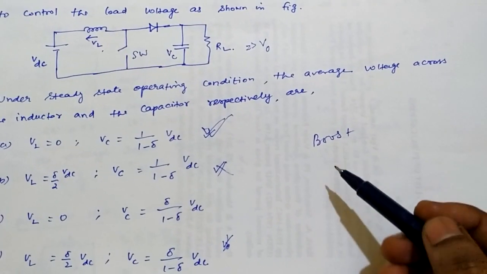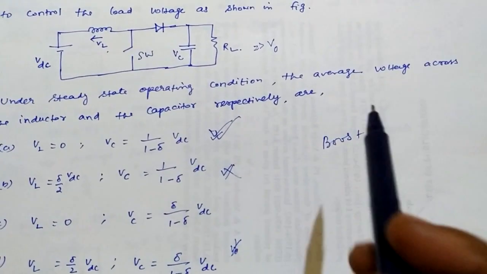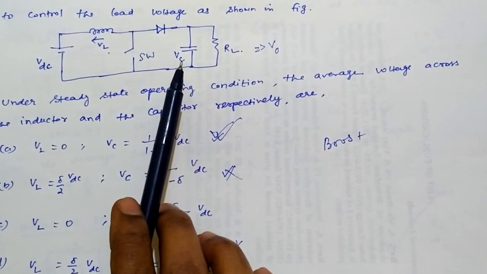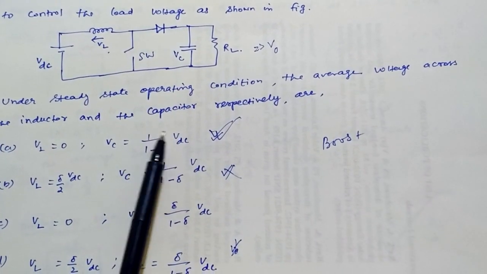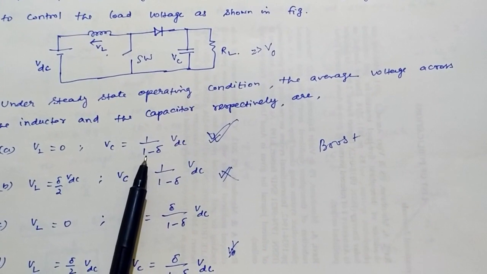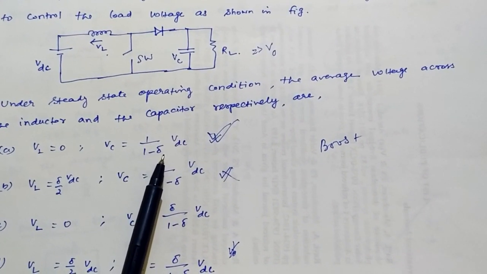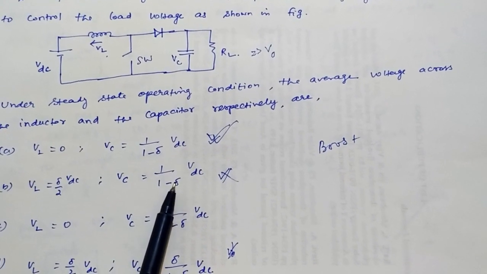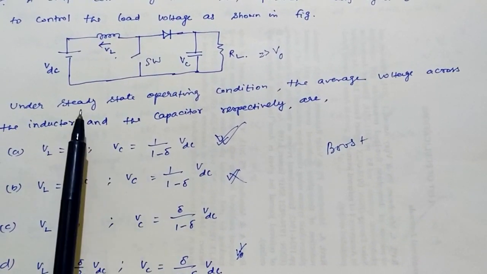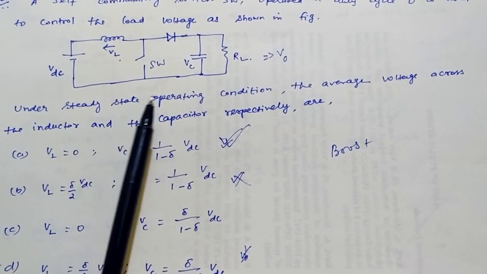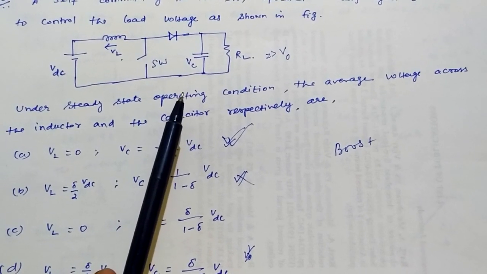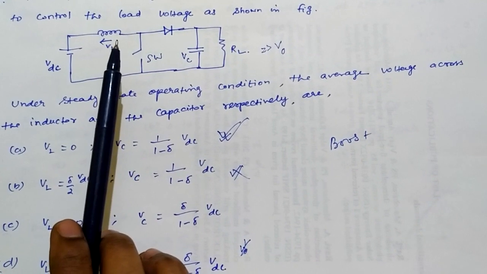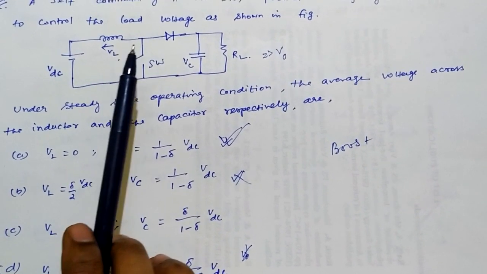For the boost converter, the output voltage formula: V naught is nothing but Vc, the capacitor voltage, which is input divided by 1 minus duty ratio. So this answer and this answer, two cases are there. Again, it is mentioned that under steady state operating condition, the inductor will act as a short circuit.